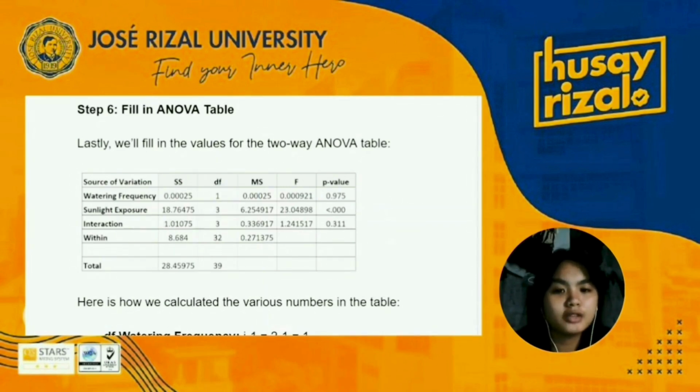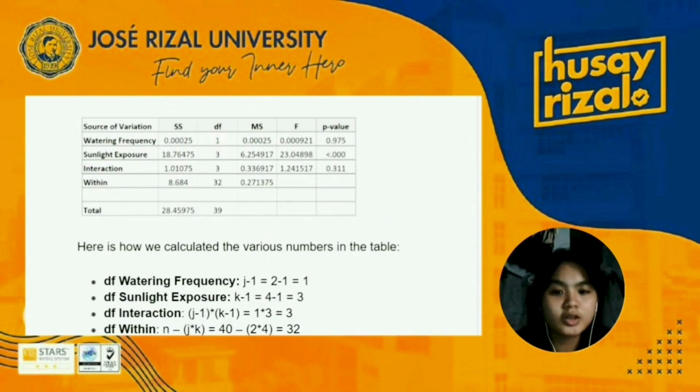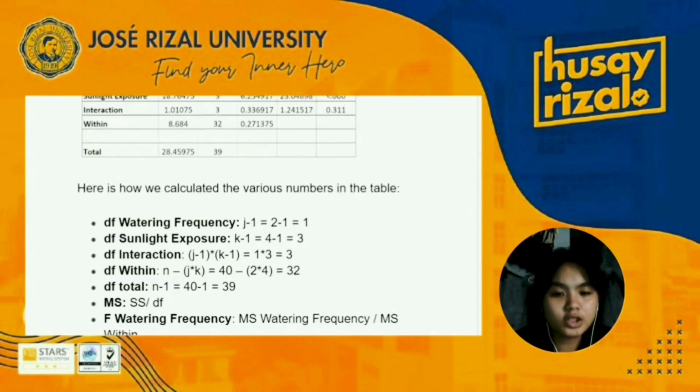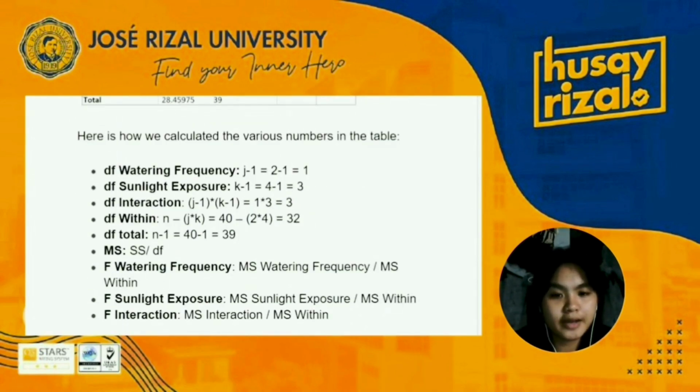So step 6, fill in the ANOVA table. Lastly, we'll fill in the values for the two-way ANOVA table. So here is how we calculated the various numbers in the table. DF watering frequency: J minus 1 is equal to 2 minus 1, which equals 1. DF sunlight exposure: K minus 1 is equal to 4 minus 1, which equals 3. DF interaction: (J minus 1)(K minus 1) is equal to 1 times 3, which is 3.